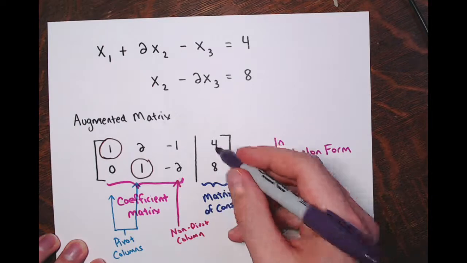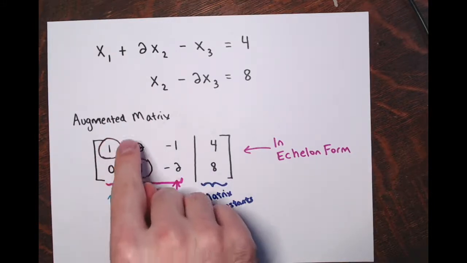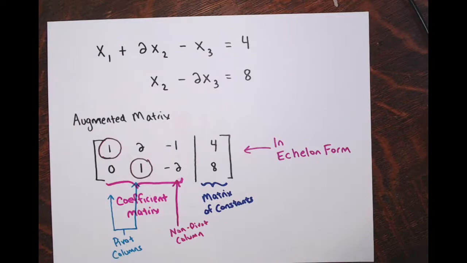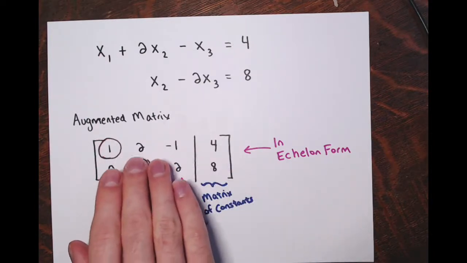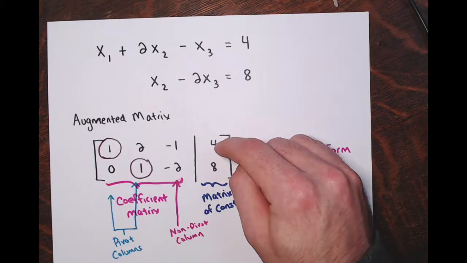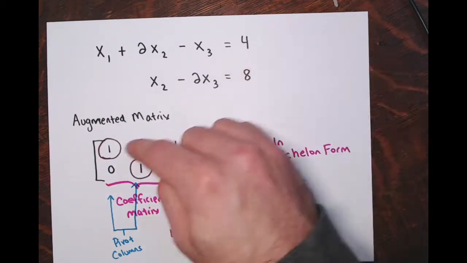Right now we're focusing on the coefficient matrix, to the left of the bar, because we're going to decide which variables of the system are basic and which ones are free. The columns that correspond to variables are the ones in the coefficient matrix. The 4 and the 8 don't correspond to terms with variables, but all these numbers do.